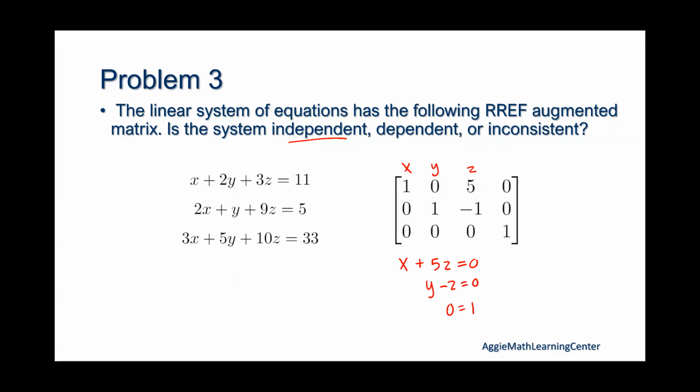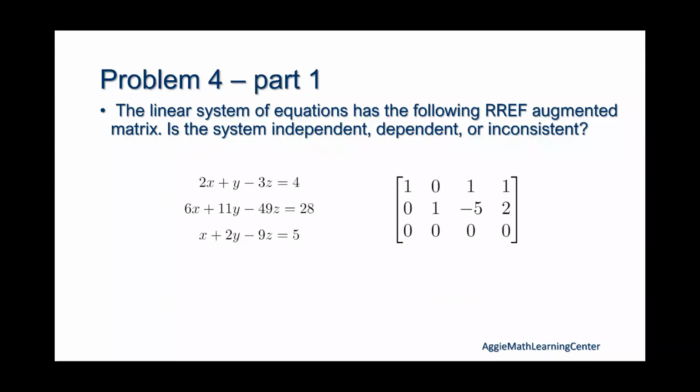And so the fact that our last row has all zeros equal to 1 means that it's inconsistent because it's not possible for 0 to equal 1. That's just not a true statement. So that's when you set up that system of equations from your reduced row echelon form. If you have something that's impossible, that means it's inconsistent. So that would be our answer on this one for that reason.